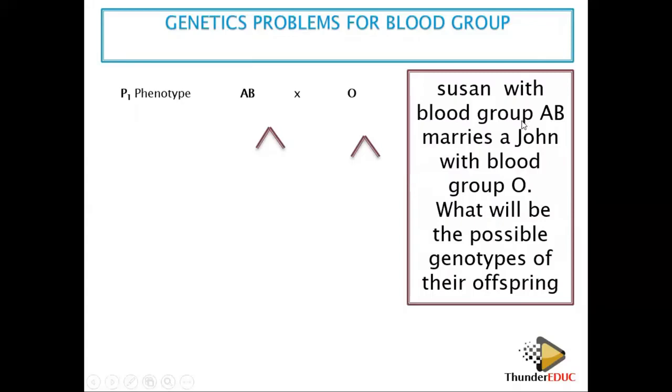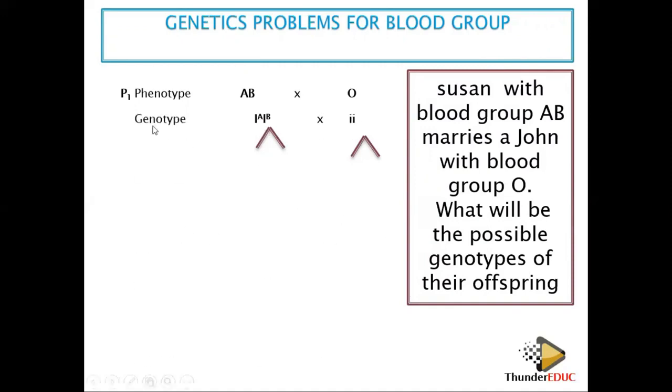Look at the question, read it nicely, and you'll find the phenotype there. So Susan of blood group AB crosses, meaning marries, John of blood group O. AB is heterozygous and has one option. O also has one option. This question is just open for you to get marks.